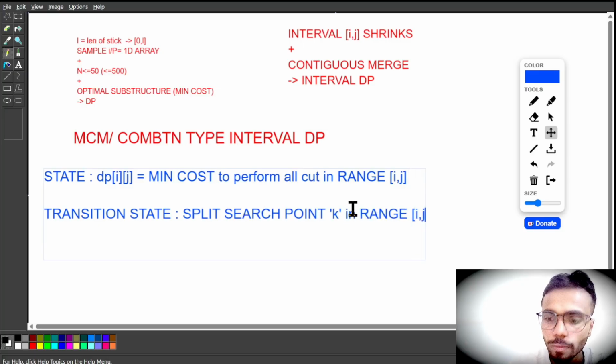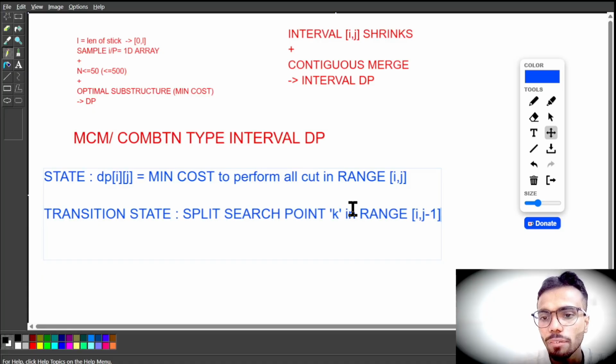Since it is of MCM combination type, this split point k will lie in the range i to j minus 1. Why so? Because in general, if it is an elimination or pivot type, k can be in the range i to j, and whenever we write the state there, it goes to k plus 1.